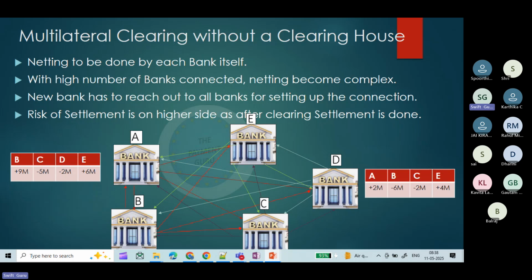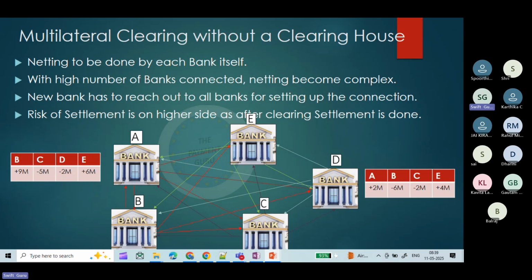Netting becomes quite complex when the number of banks within the country is huge and there isn't any system available to do it. That's what happens in multilateral clearing. Without the clearing houses, the netting becomes complex as it has to be done by the banks themselves. There's no system that will do the netting on behalf of the respective banks. With a high number of banks connected, the netting becomes complex.